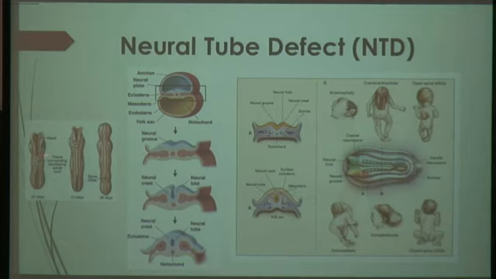As you can see in this left picture, when it forms, all of the parts start to close to form an isolated, sealed structure. But if any part of the tube fails to close, it will cause various genetic birth defects. For example, the most famous is probably spina bifida, which I will introduce later.